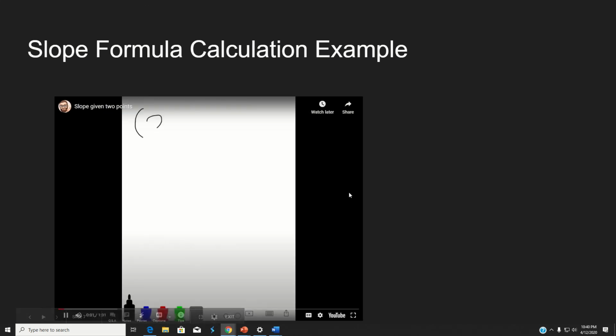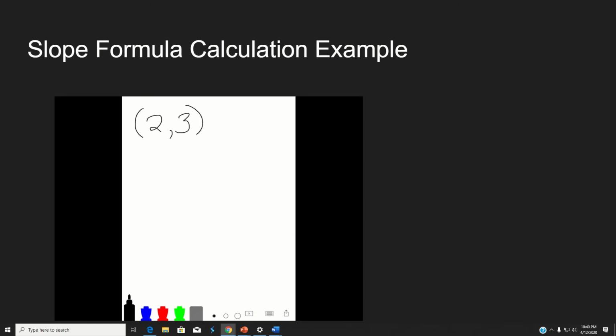So let's say we're given 2 points: point (2, 3), which we'll call point A, and point B, which is (−1, 4). Now remember, the slope has a formula, and it's represented by the letter m.